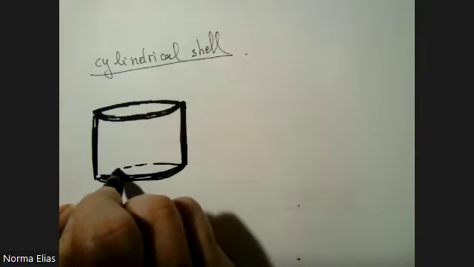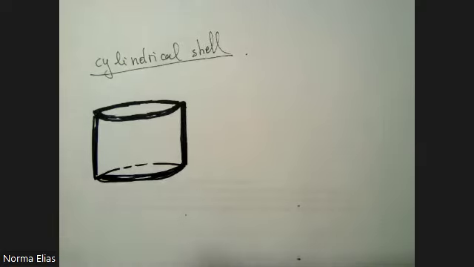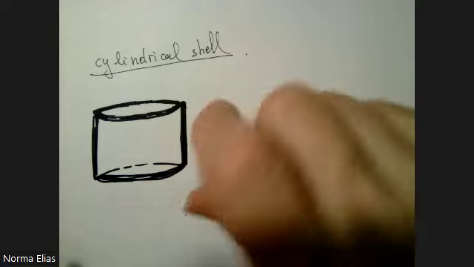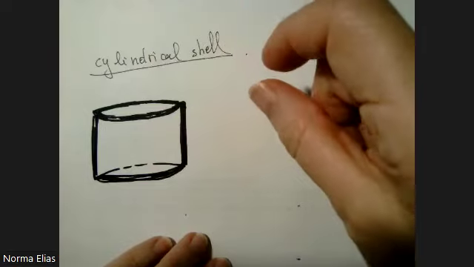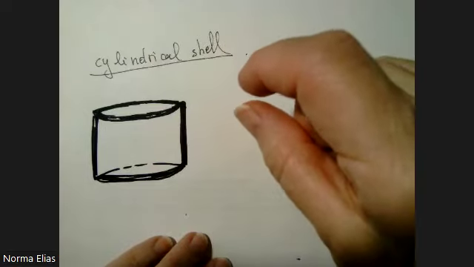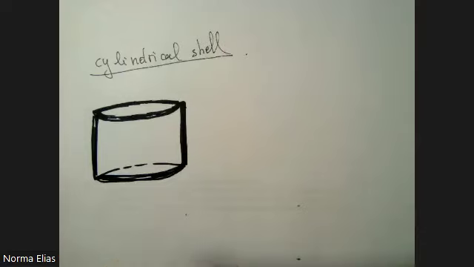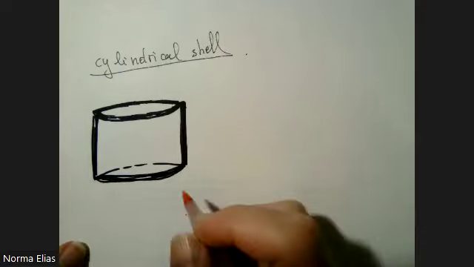Okay, that's really a cylindrical shell. And the question is, what is the volume of the cylindrical shell? Imagine the shell is like this. If you take a cylinder where the boundary is a piece of foam that has a little bit of thickness, that's really what a shell is. Now, what's the volume of a shell?